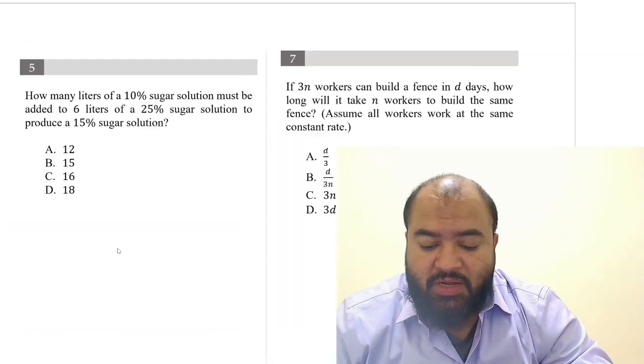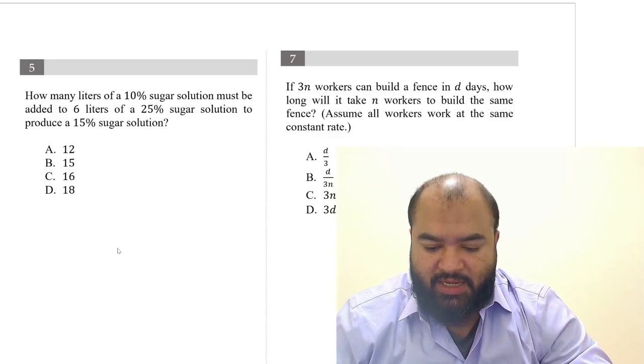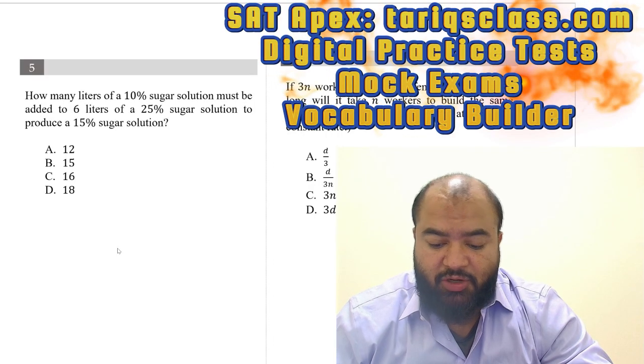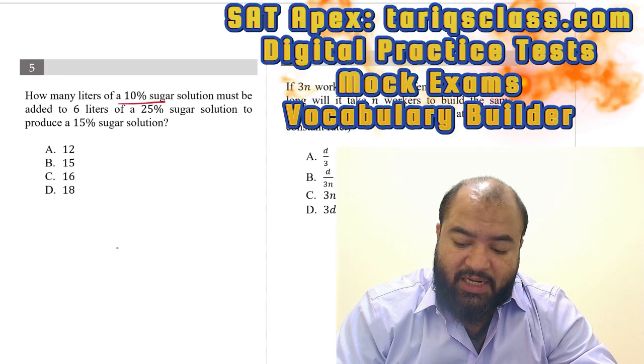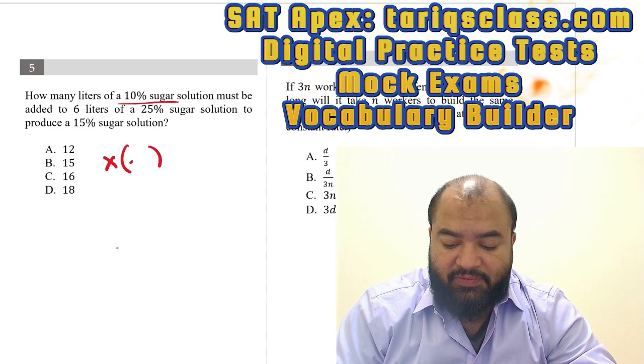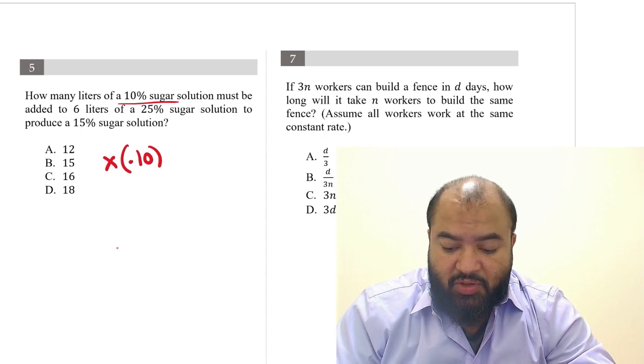Question number 5. How many liters of a 10% sugar solution must be added to 6 liters of a 25% sugar solution to produce a 15% sugar solution? Let's say x liters of 10% sugar, so you multiply by 0.10 for the sugar that will be added.